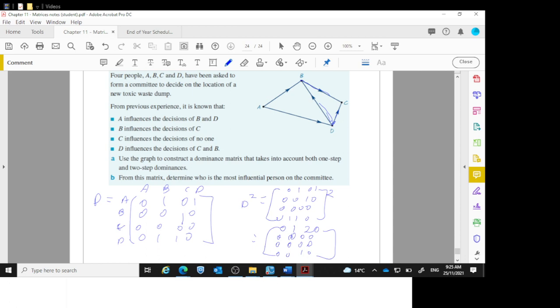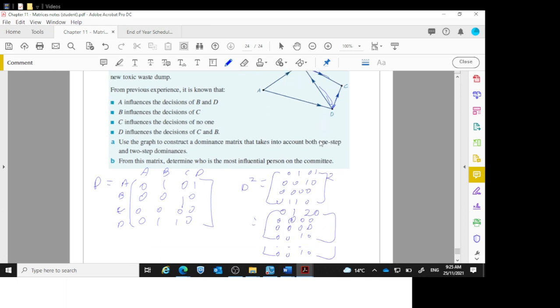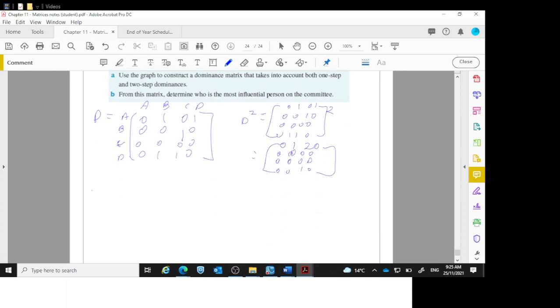Now again, you can do all this in the calculator. So when I do my total, which is D plus D squared, I'm only going to write the answer for you. I'm going to get 0, 2, 2, 1, 0, 0, 1, 0, all zeros here, and 0, 1, 2, 0.